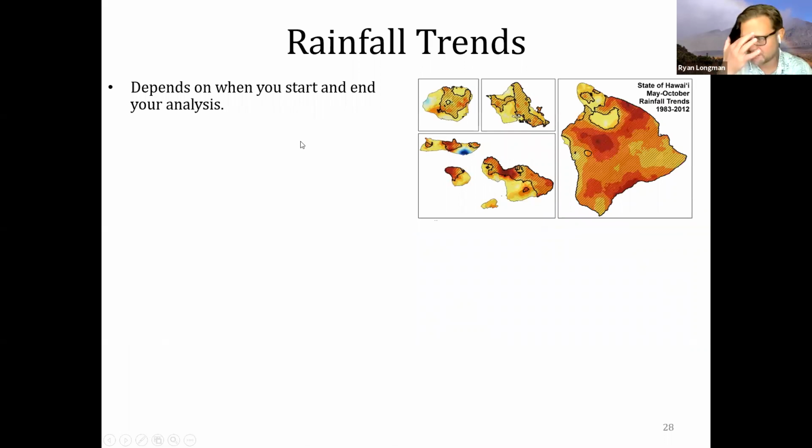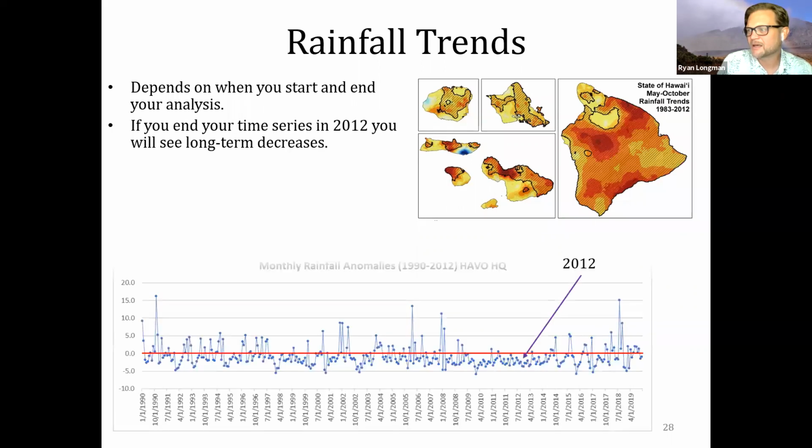And Abby Fraser, who's on this call, has done a lot of work on looking at rainfall trends, and she put out these trend maps for 1920 to 2012 and 1983 to 2012, and they were really kind of a dark outlook, because a lot of the trends were showing these really significant changes in rainfall.